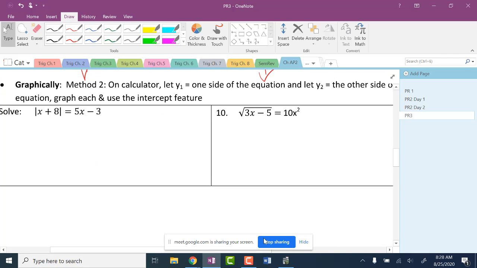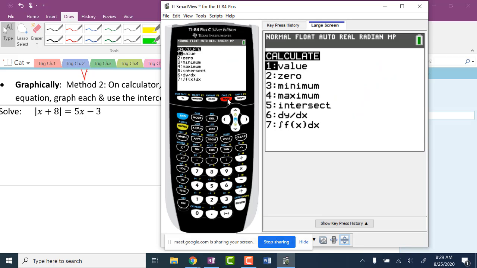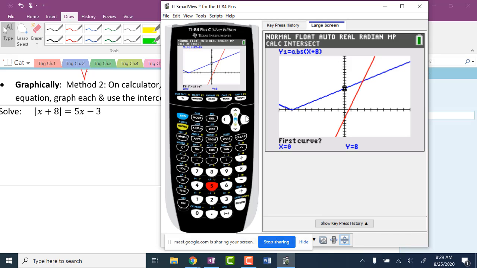Okay, so when I'm looking at the calculator, I want to find this intersection. And then I'll do that again, talk about input, output. Second, trace, which is the calculate feature. So second, trace, which gives me this. And I want to find 5, the intersection.